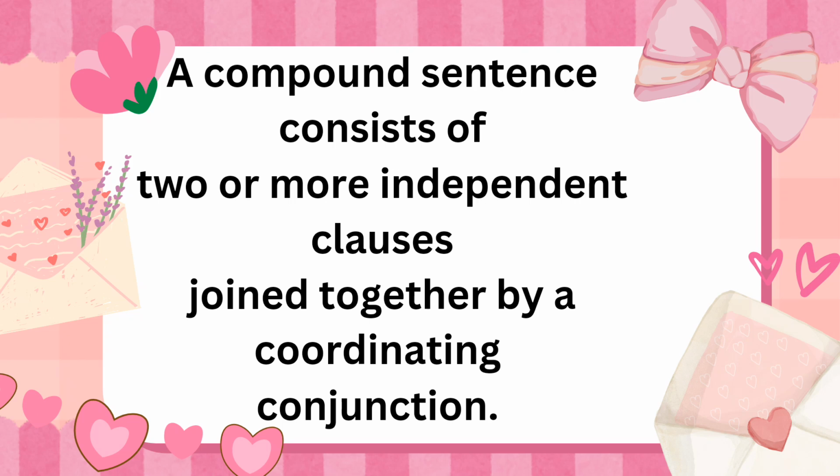Now to combine both sentences together, we would have, I enjoy reading novels, and I also like writing essays, using a comma to separate the two independent clauses. So when you use a comma to separate two independent clauses, you will get what we call a compound sentence.